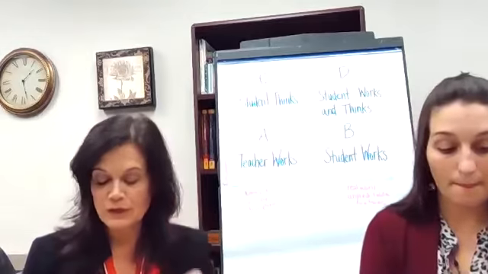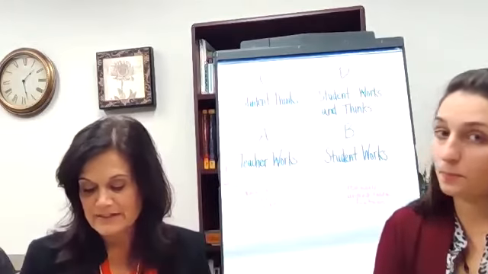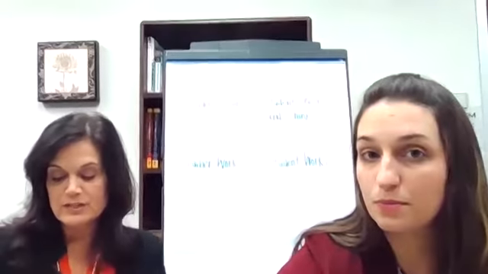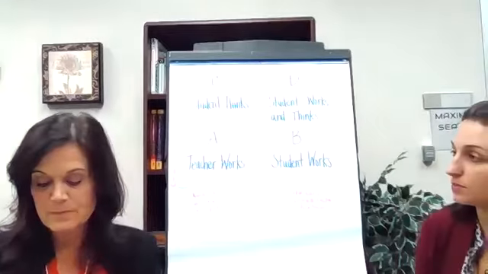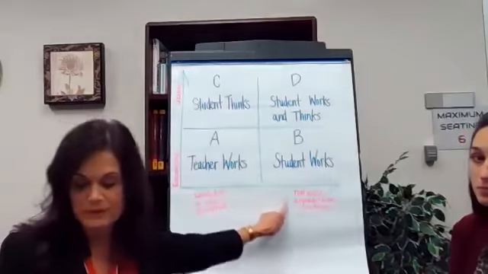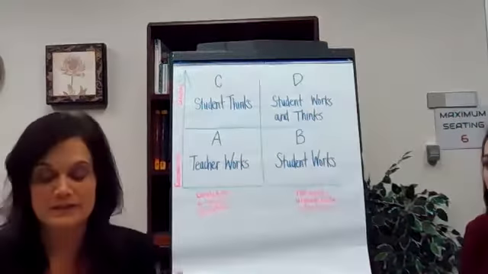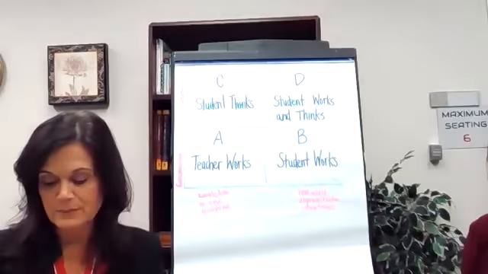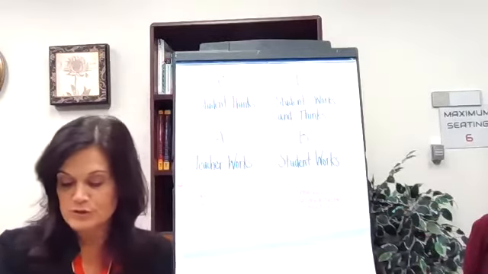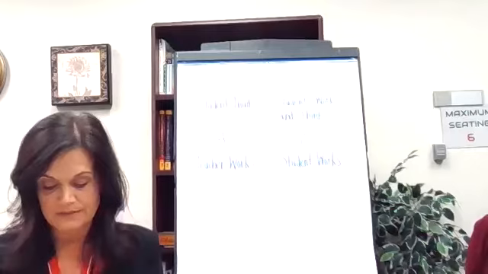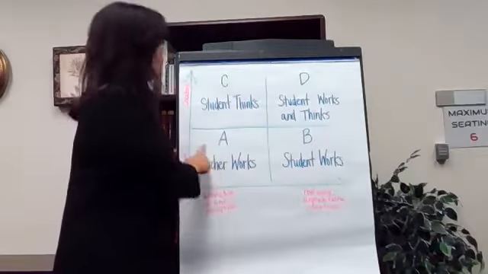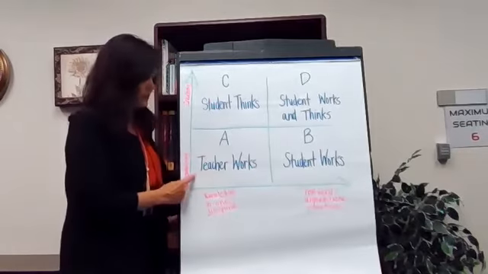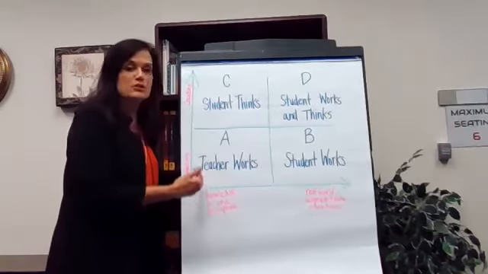So we have a vertical axis. The vertical axis is the knowledge taxonomy, and it pertains to levels of rigor and is derived from Bloom's revised taxonomy. The horizontal axis relates to relevance for our students, and it pertains to how the knowledge is put to use and to what degree of complexity and relevance. Okay, so let me go ahead and explain a little bit. In quadrant A, this is where you've got knowledge in one discipline.